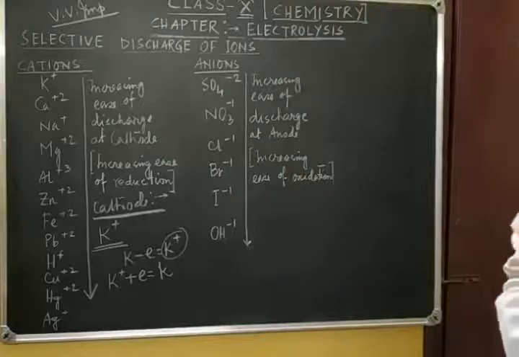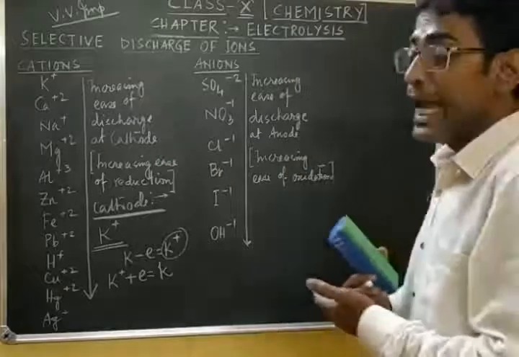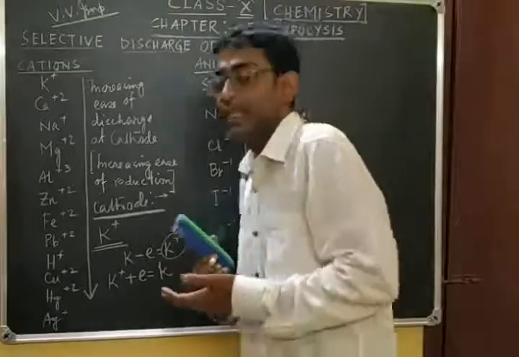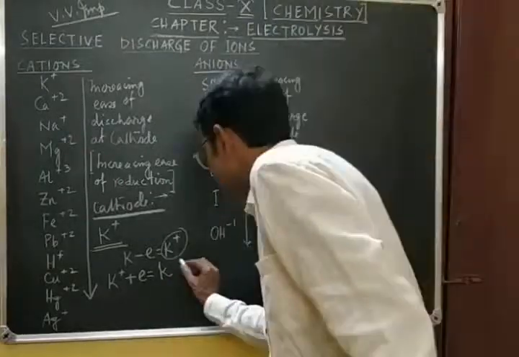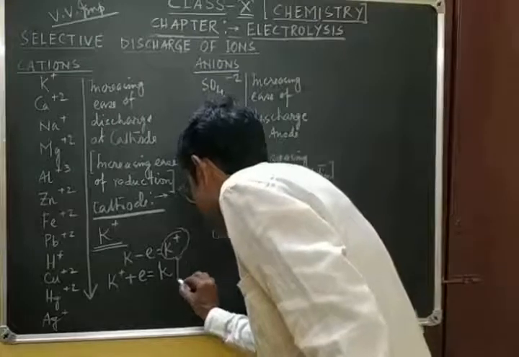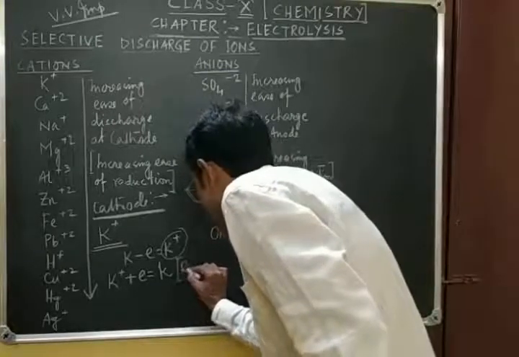So at the cathode there is a gain of electron, and remember, gain of electron means reduction. So what is taking place here is called reduction.